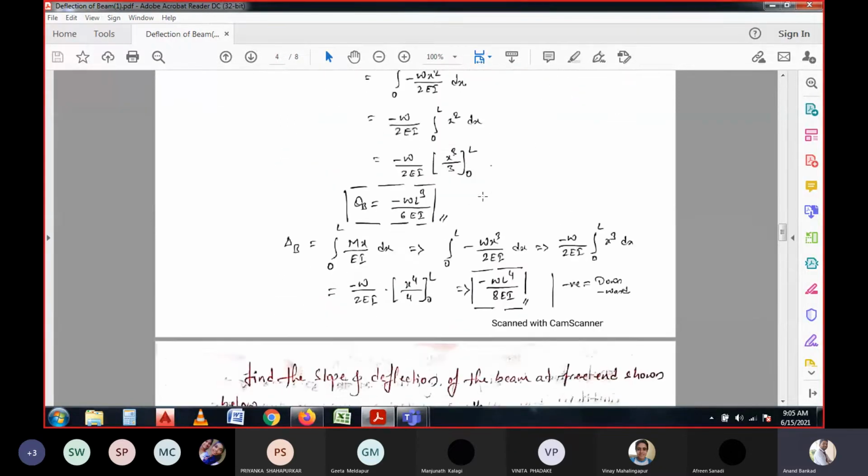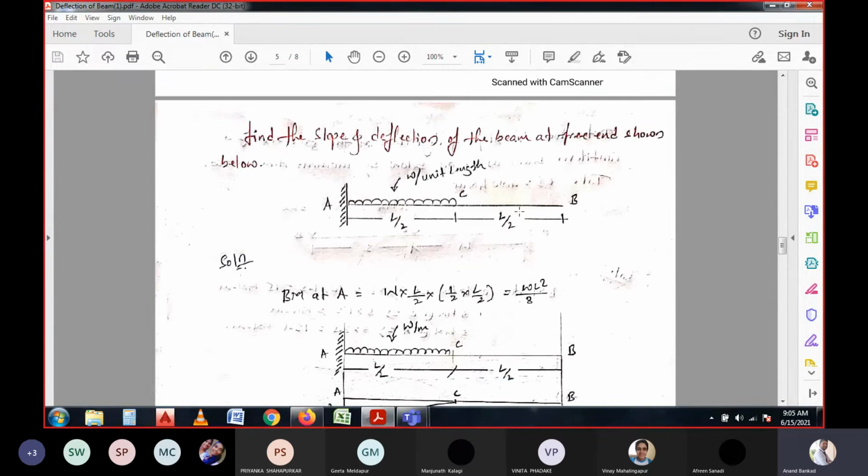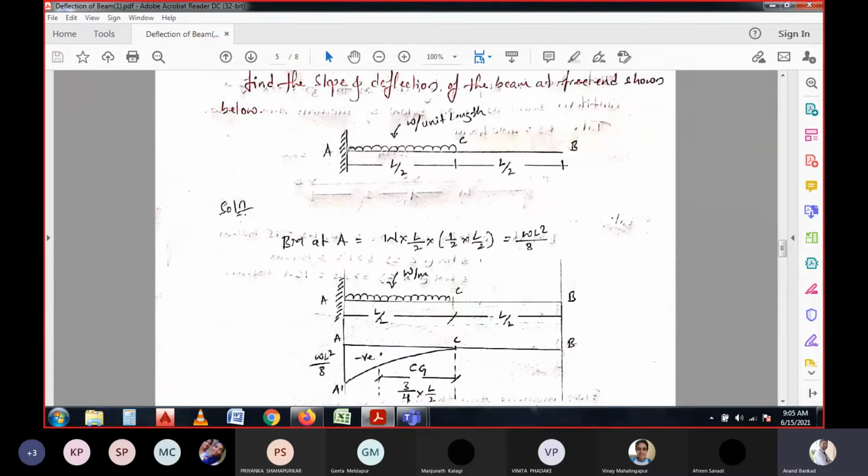But here it is not like that; it is empty. So here we cannot consider the moment at C, because there is no load acting on the span BC. In that case, we can consider the moment at A, since it is a cantilever beam carrying a UDL.